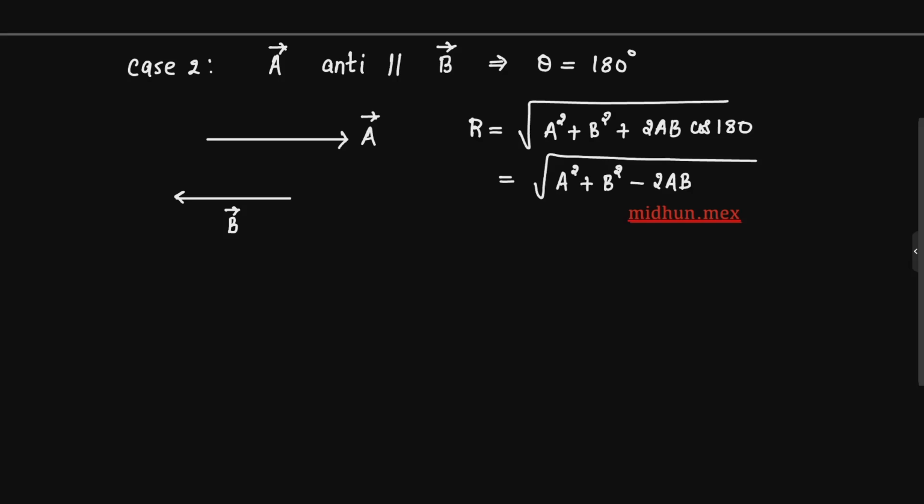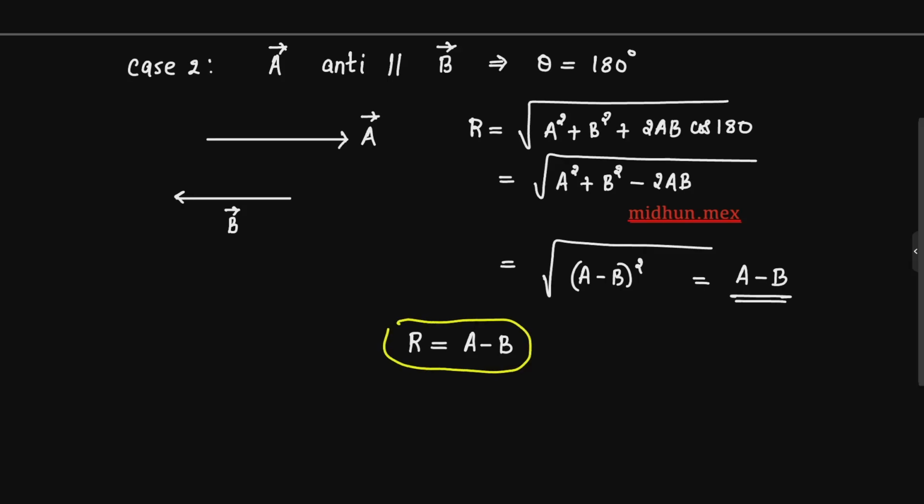You know this is A minus B whole square expansion. If you take the root, your answer will come as A minus B. Therefore our next point: when two vectors are in opposite direction, the resultant vector is simply A minus B. You have to subtract them and that will be your answer.